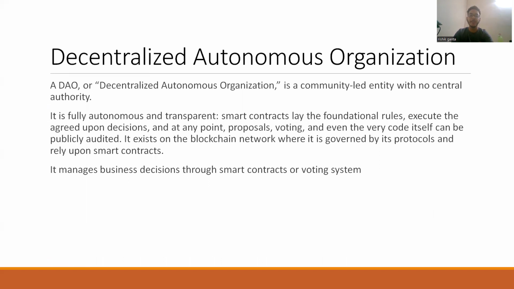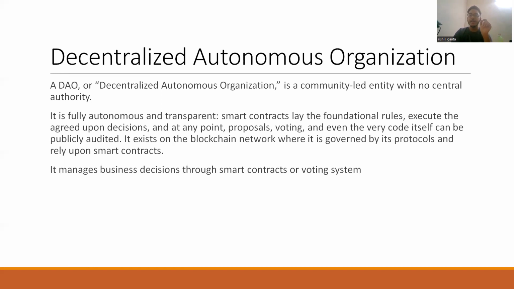Decentralized autonomous organization. A DAO or decentralized autonomous organization is a community-led entity with no central authority. It is fully autonomous, transparent, and the smart contracts lay the foundational rules for its work.